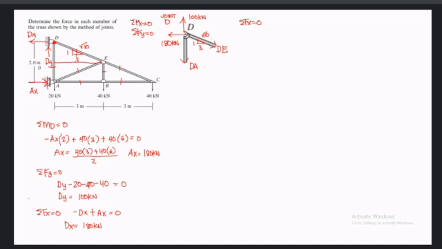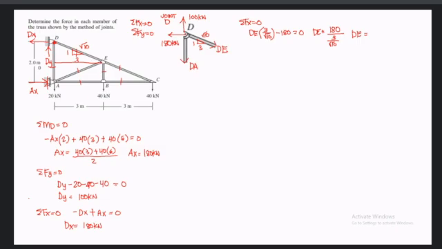Okay, so let's solve for DE. So you have DE. To get the x component, multiply by h over r, so that's 3 over square root of 10. And then subtract 180 since it is going to the left. Okay, so that's your DE. So your DE is now equal to 180 divided by 3 over square root of 10. So what's your DE? It is 60 square root of 10.